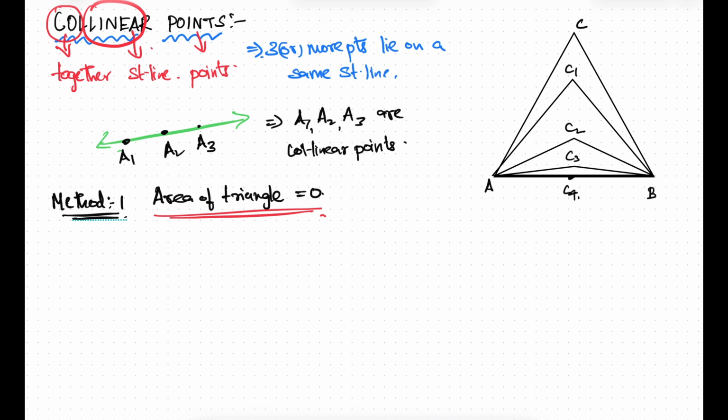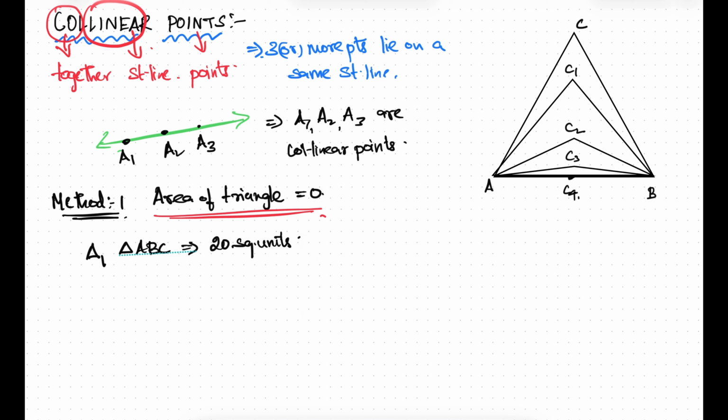We are going to understand why the area of the triangle becomes 0 when 3 points are collinear. Let us consider the triangle ABC, and say the area of this triangle is, for example, 20 square units.